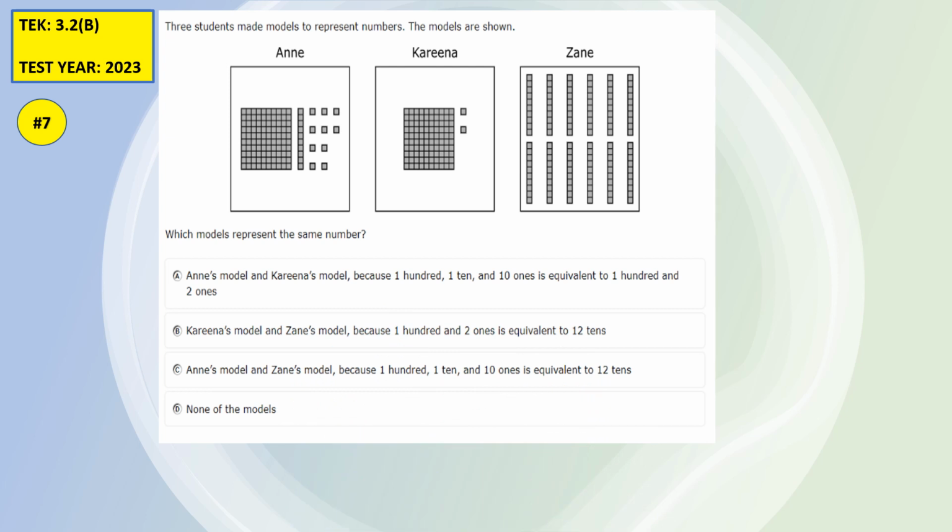Okay, well first we have to determine what the actual models are equal to. So let's look at Anne's model first. Now, you should have already learned that this is equal to 100. And this pictorial model is equal to 10.